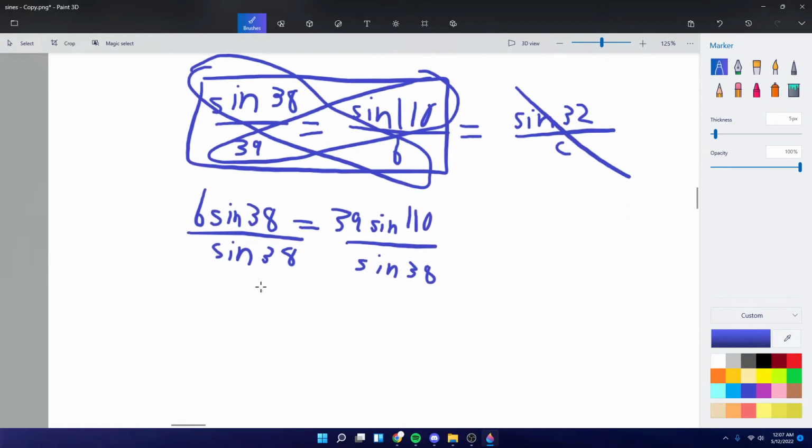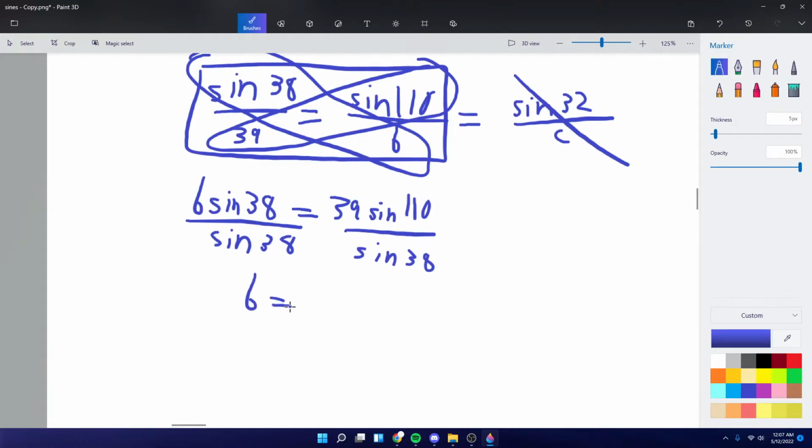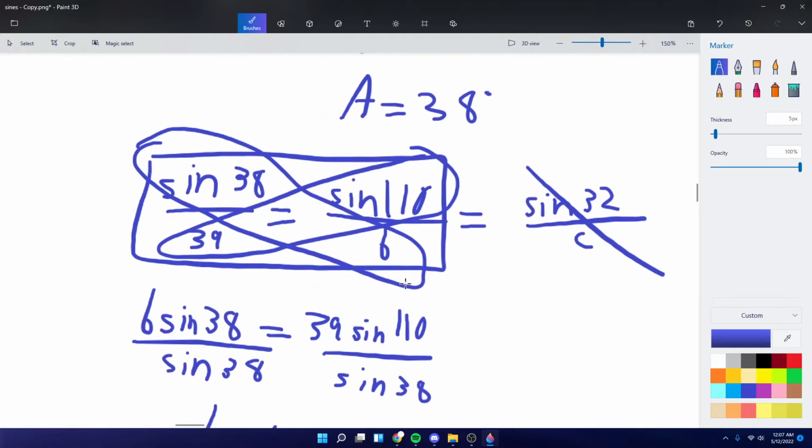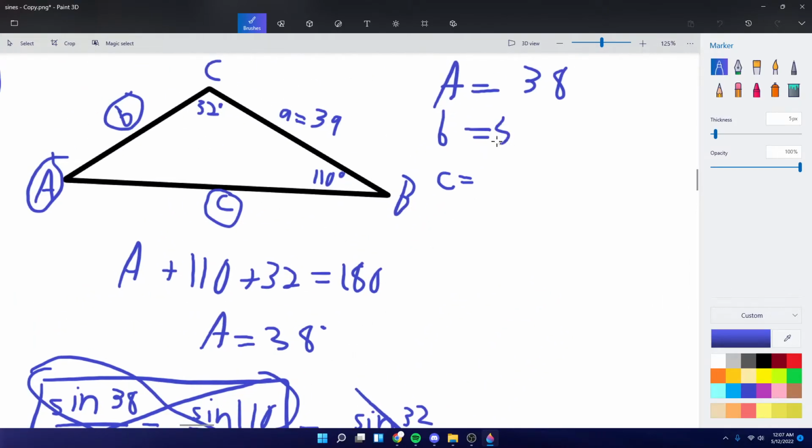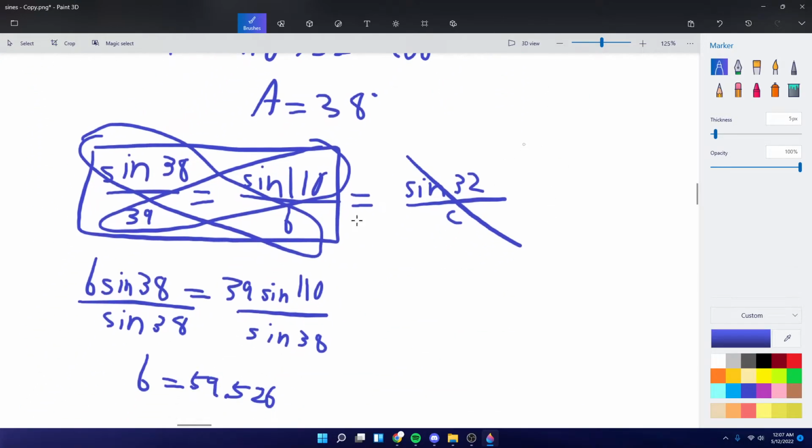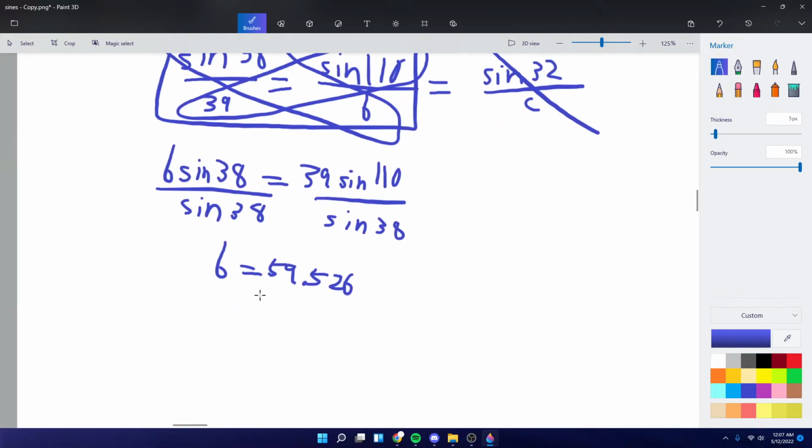And then what you get is B equals 59.526 when you plug this in. So down, 59.526.